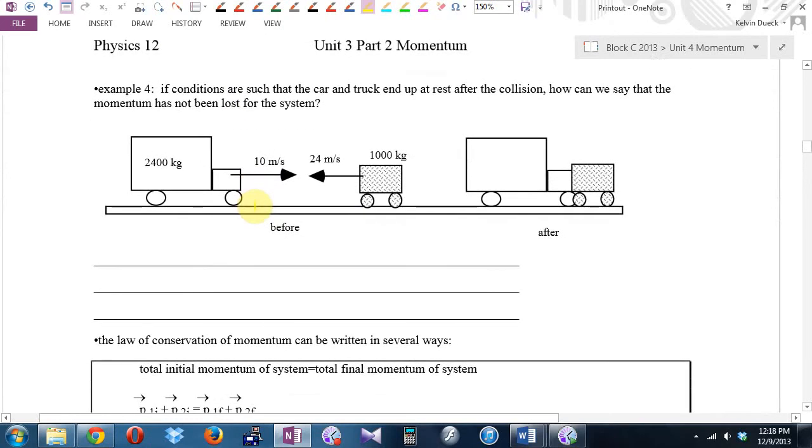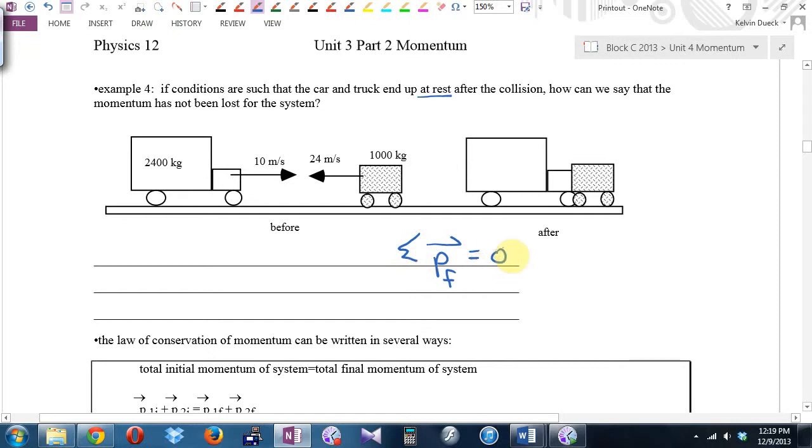Example 4. If conditions are such that the car and the truck end up at rest after the collision, how can we say that the momentum has not been lost for the system? If they both end up at rest, the sum of all the final momentum must be 0.